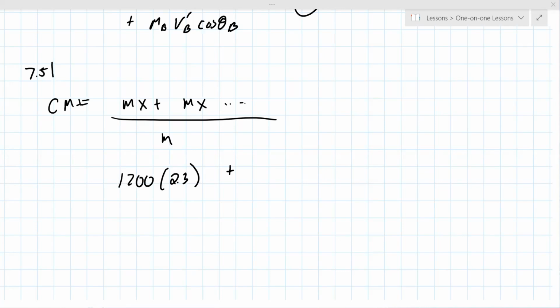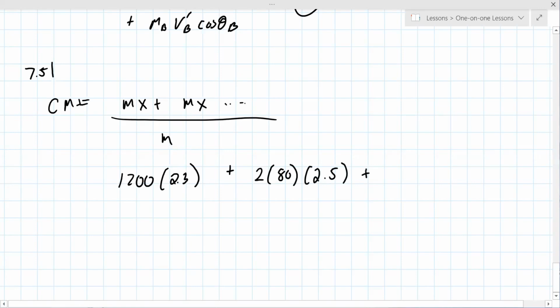Okay, so we're using the front of the car. Okay, so then you got this. Each person has a mass of 80 kilograms. So you got 2 times 80 times 2.5 plus 3 people times 80 times 3.45.